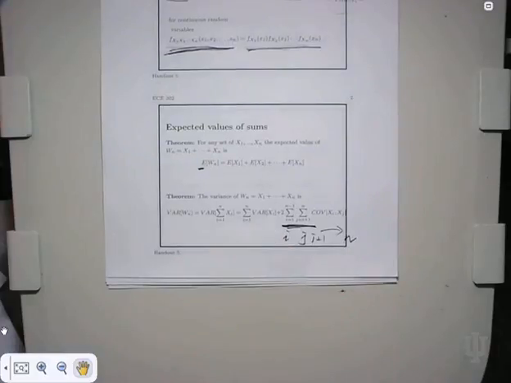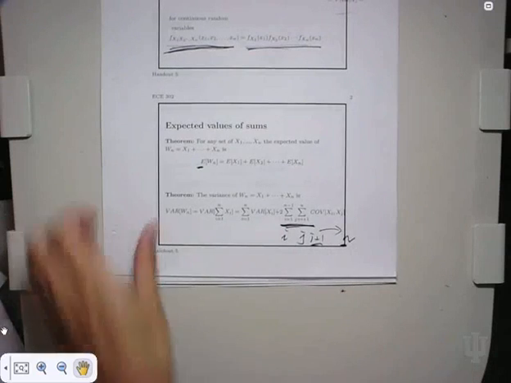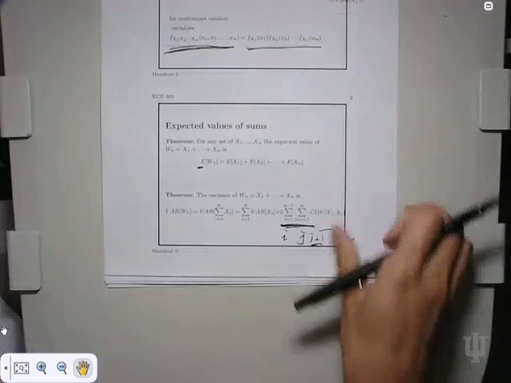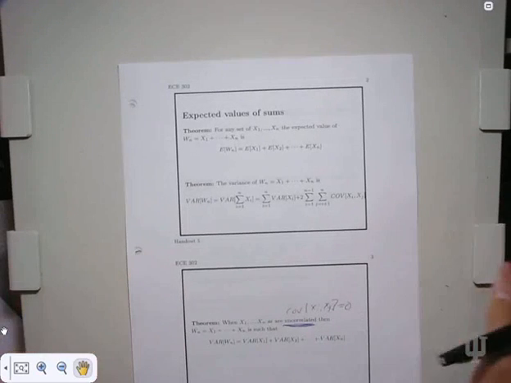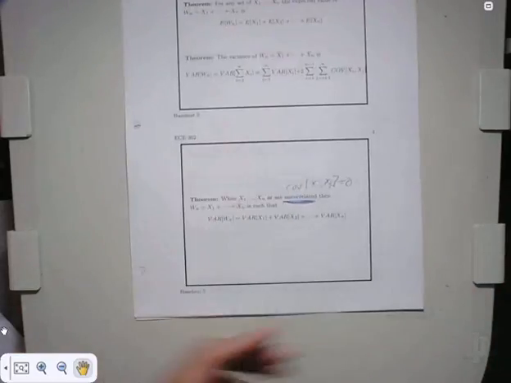For each i, your j is i plus 1 to n. It will look exactly like this.